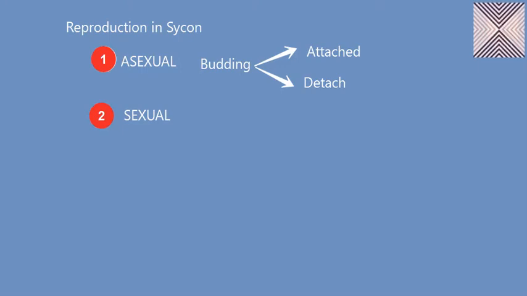But the fertilization is of cross type. As the Sycon has got both the ova and the sperms, the sperms of a Sycon cannot fertilize their own ova, the ova of their own Sycon.